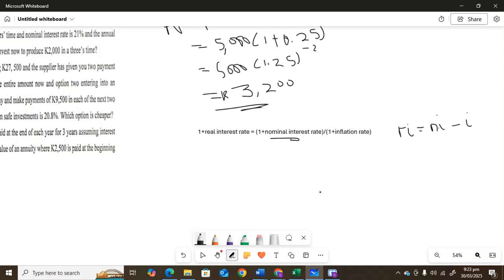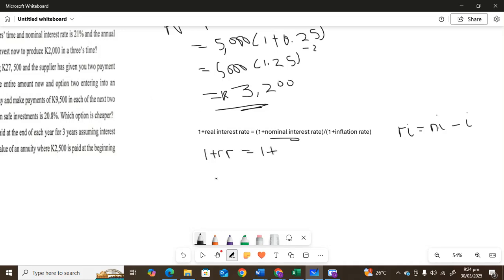Okay, so first things first, we need to find the real interest rate, the interest rate that is adjusted for inflation, or you can think of it as the interest rate that takes into account inflation. The nominal interest rate doesn't take into account inflation. It's just your overall interest rate. So here you say 1 plus the real interest rate, 1 plus RR, equals 1 plus the nominal interest rate.